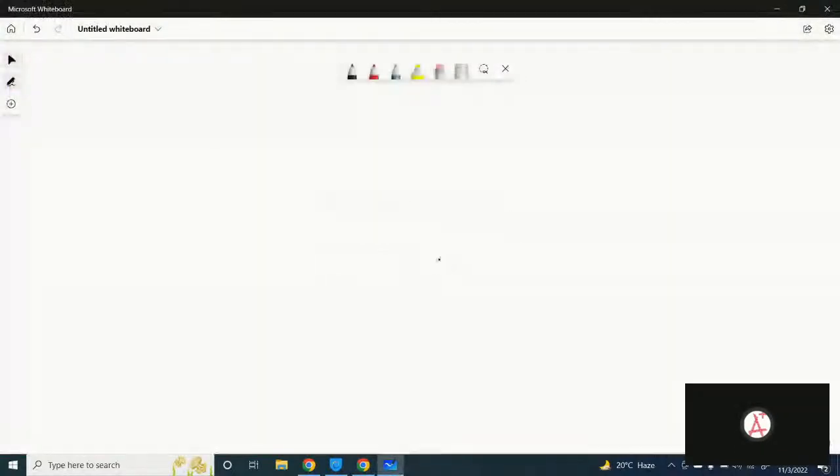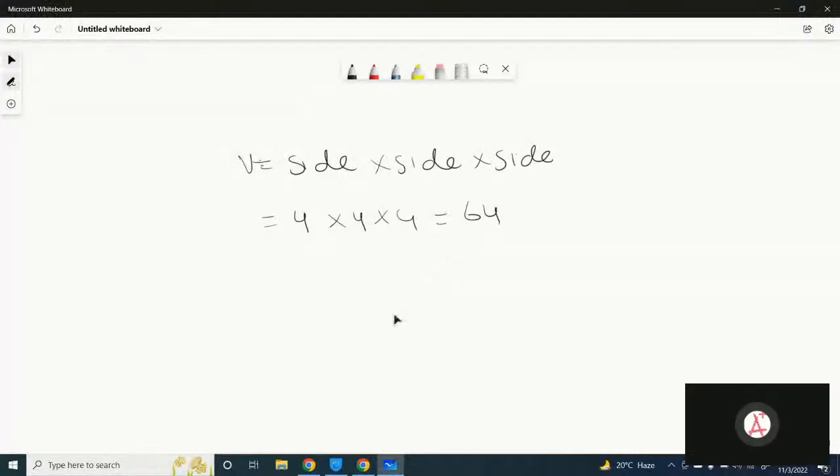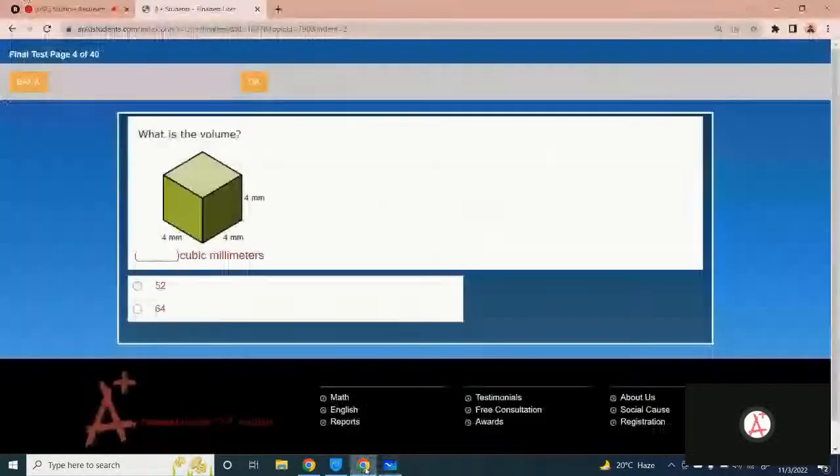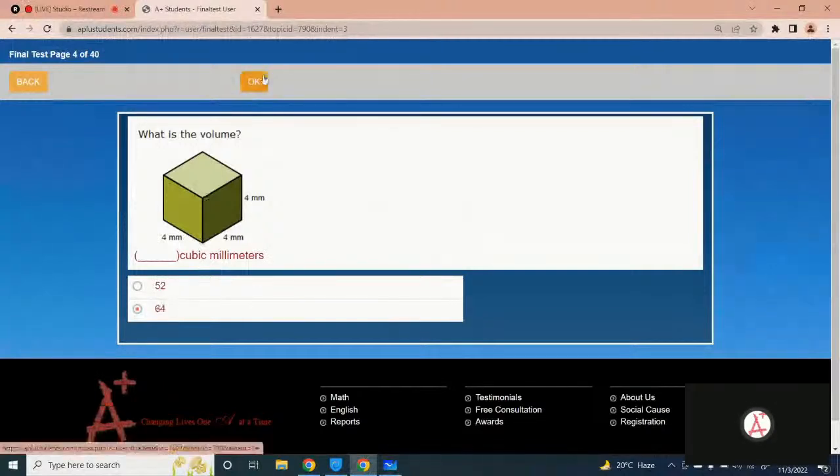The volume of the cube is side times side times side. All the side lengths are 4, so just multiply 4 times 4 is 16, and 16 times 4 is 64. So it would be 64 cubic millimeters. Just select the correct option and click on the OK button.